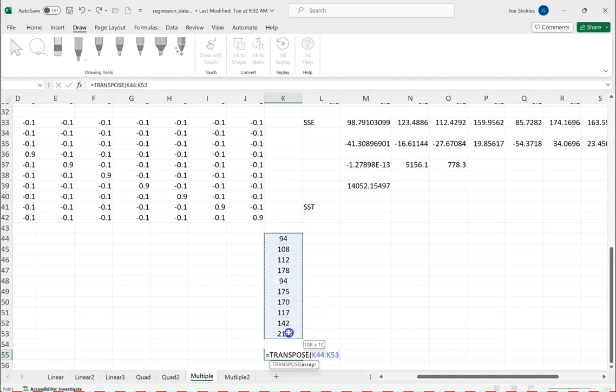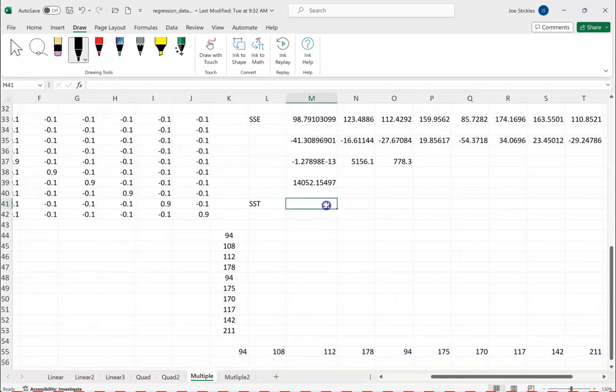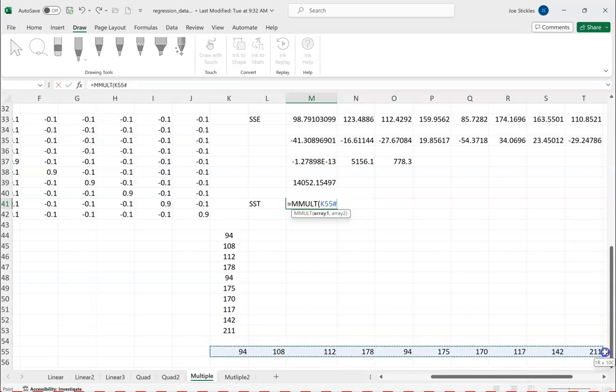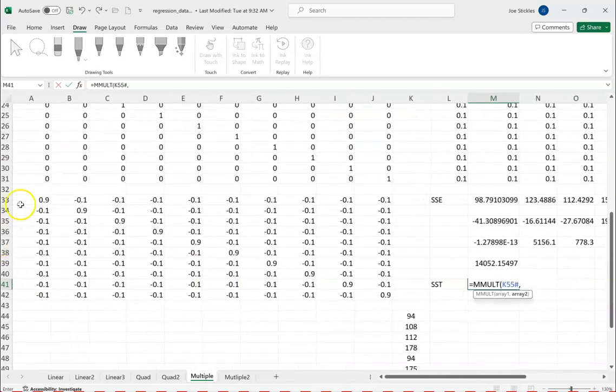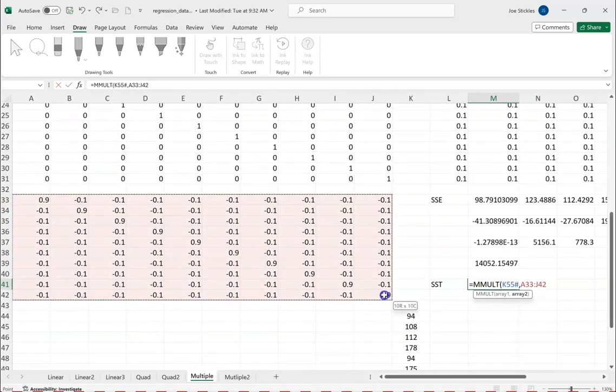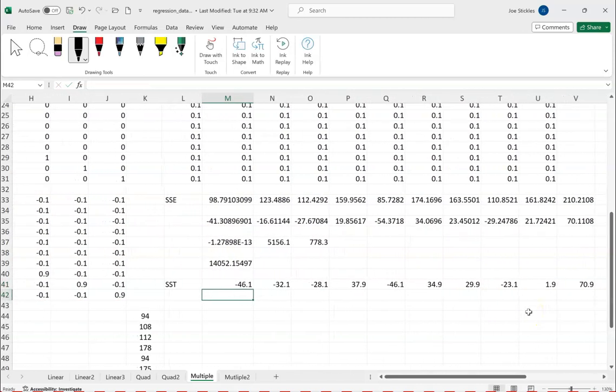Again, if you're clever, you can do nested functions and do it all at once. I'm just doing it in steps because I don't feel like being clever. Here I need to do the product of the transpose we just found, the Y transpose, with which matrix again? The N, which is over here. Again, should have a single row.